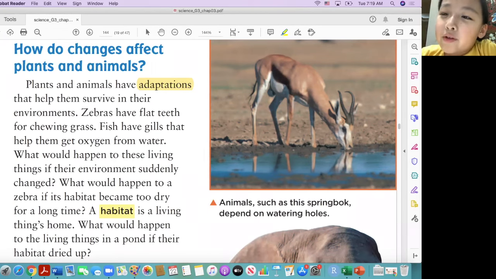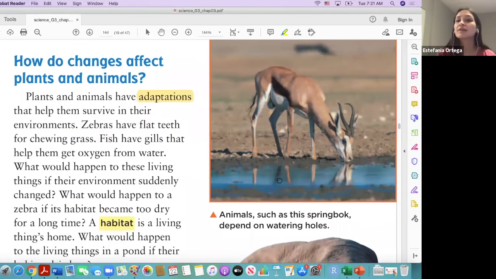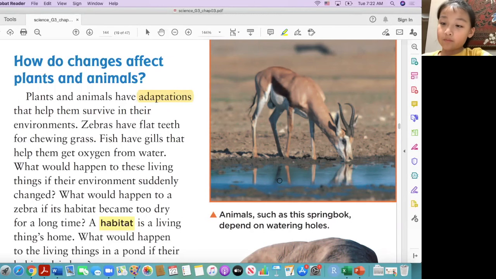What will happen to a zebra if its habitat became too dry for a long time? A habitat is a living thing's home. What will happen to a living thing in the pond if their habitat dries up? If this happens for a long time and they can't find water, then they become extinct, right? It's like dragons.